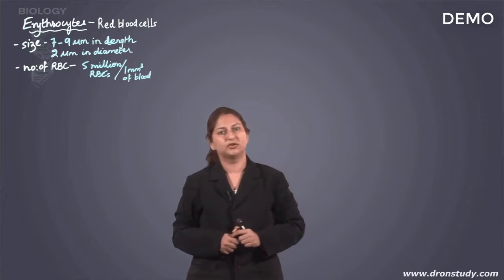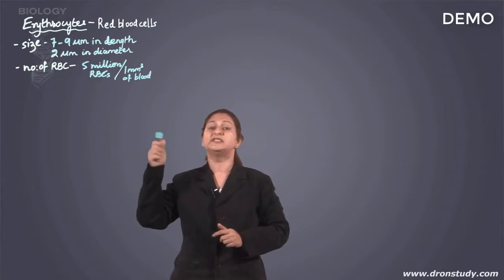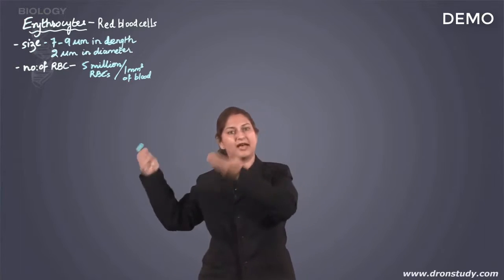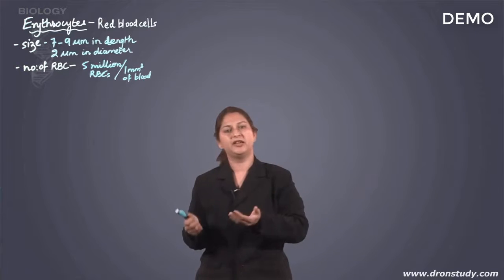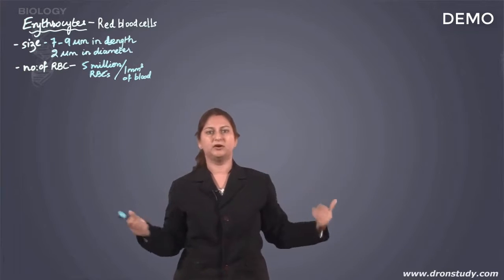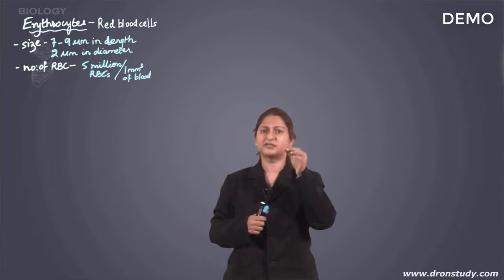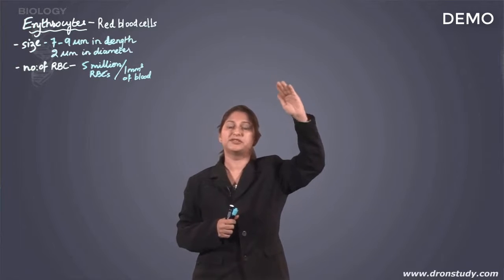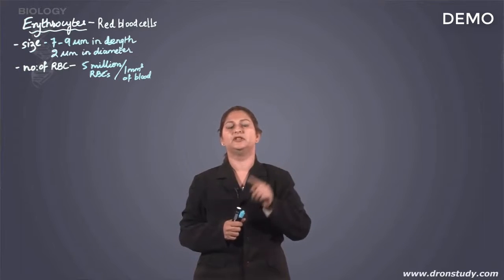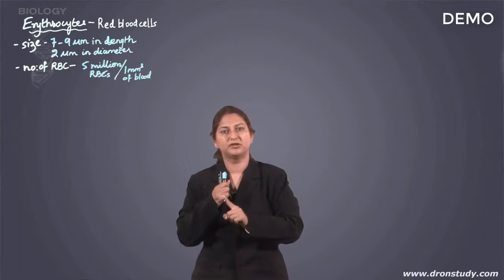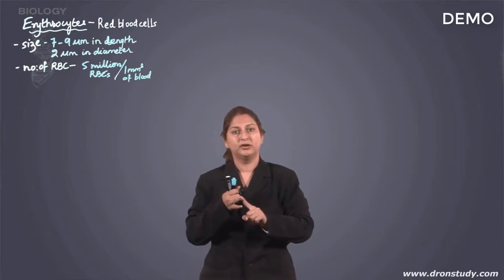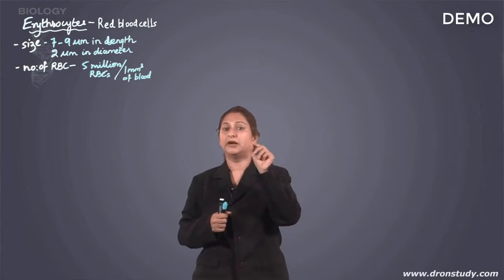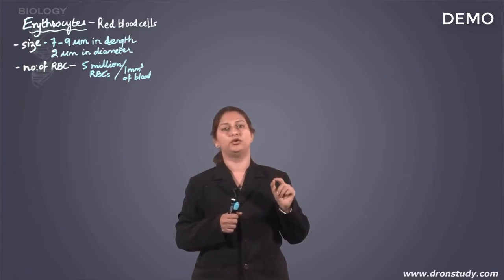Now, why is it so? Simply because RBCs are the ones which are going to take the load of carrying oxygen and bringing back the carbon dioxide from the body to the lungs. Oxygen requirement of a living cell is of utmost importance. You can manage without water, you can manage without food, you can definitely manage without hormones or other components, but you cannot manage without oxygen.